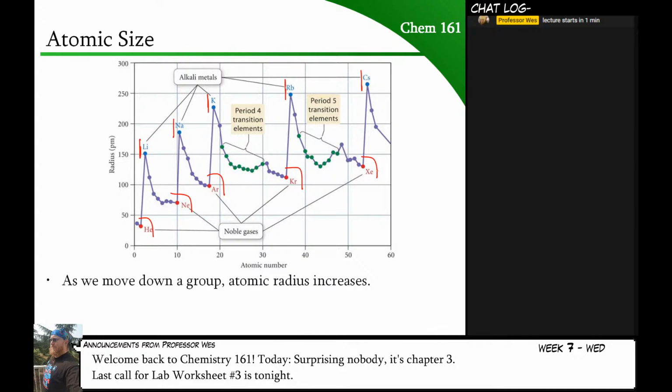Then when you go to the next row, the size shoots up and then it starts shrinking again. This pattern persists. Every noble gas is the smallest in its period, and every alkali metal, which is the first one in its period, is the largest. And the size keeps going up and up.